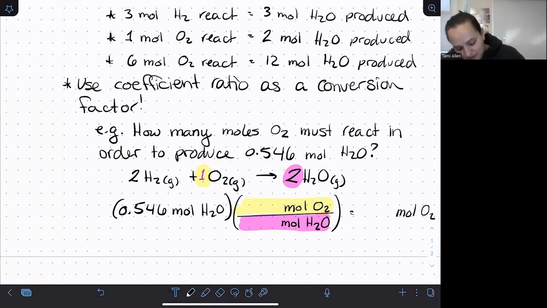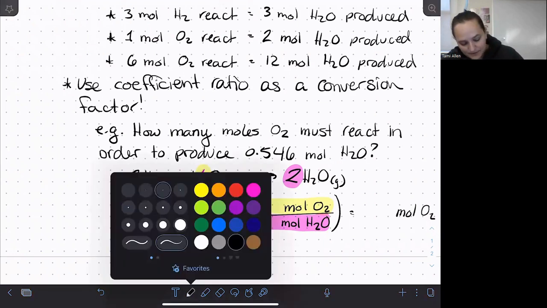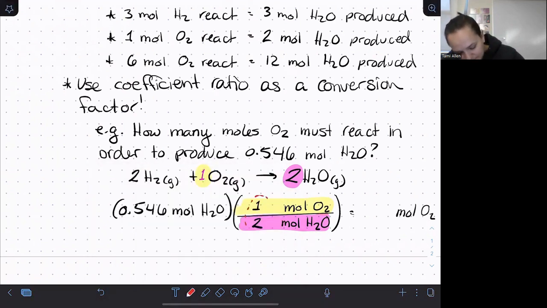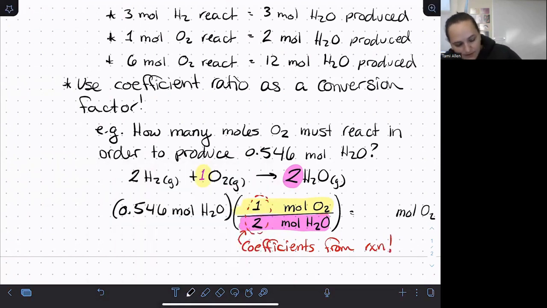So all we need to do here is plug in our coefficients from our balanced reaction. To find that we would need 0.237 moles of O2 to react in order to produce our target amount of water.